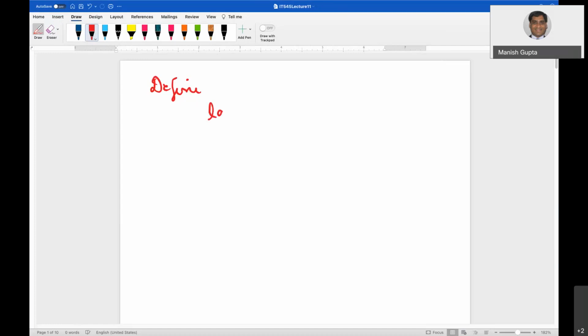Some notations. We will define log n as 1 if n is equal to 0, and 1 plus log base 2 of the absolute value of n if n is not equal to 0.